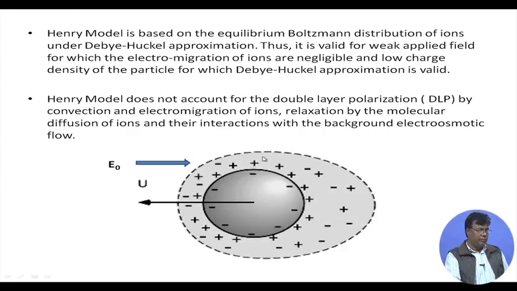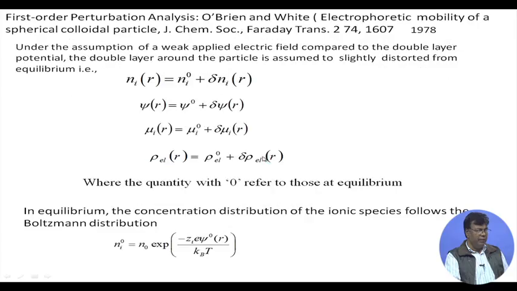Now, the remedy was made by several other authors. One of these, in a very systematic way, is O'Brien and White in 1978. So, one way of solving the electrophoretic problem is by perturbation analysis, based on a weak applied electric field.